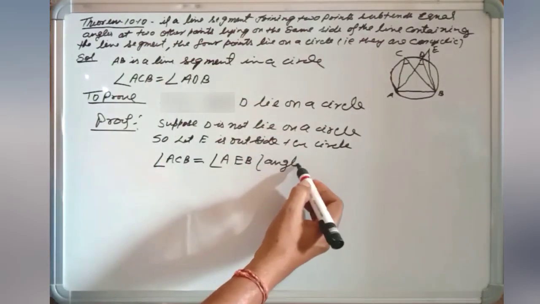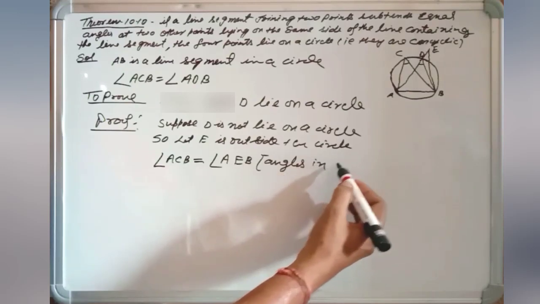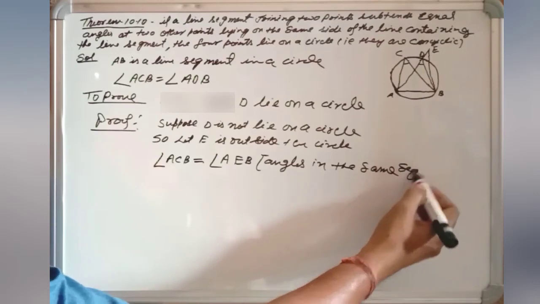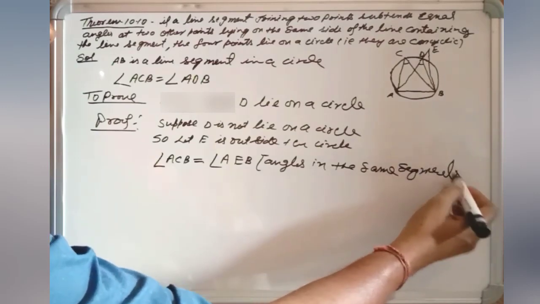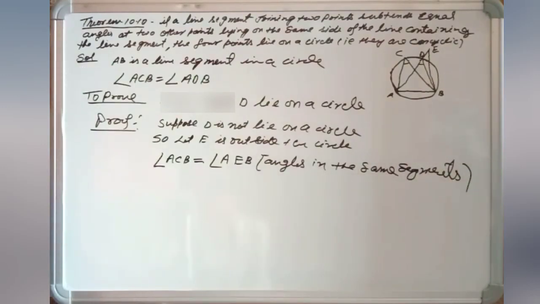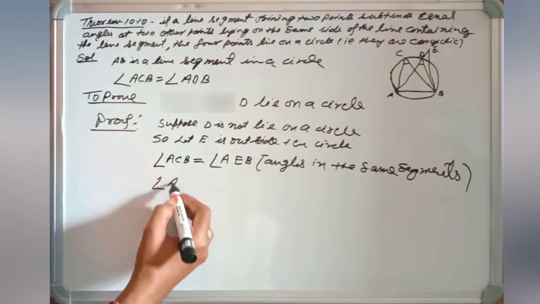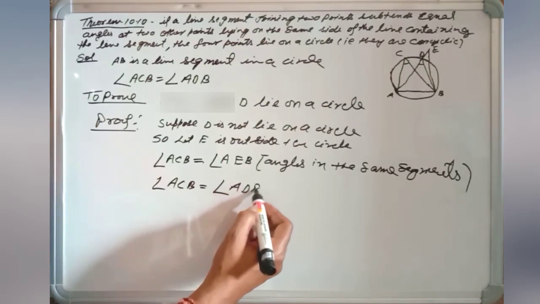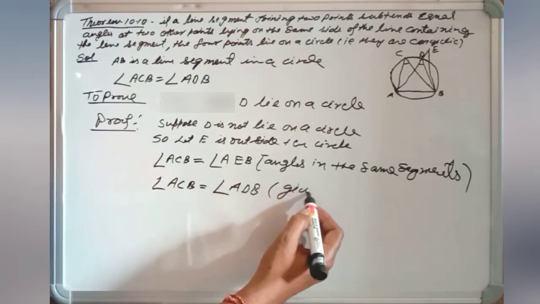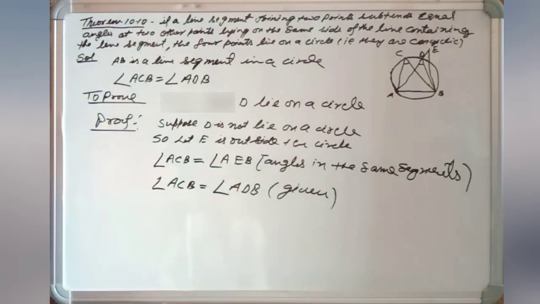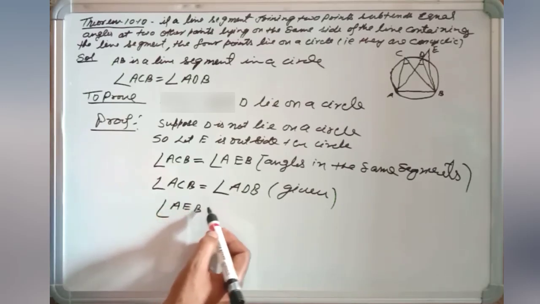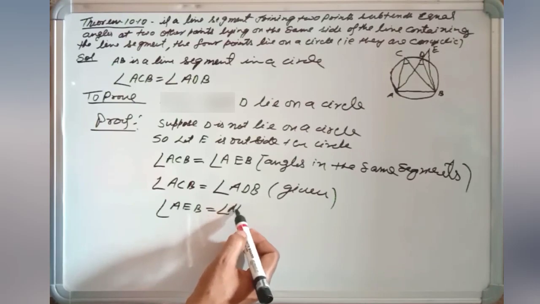Angles in the same segment are equal, and students, angle ACB is equal to angle ADB, it is given. Okay, so from both the equations we will find angle AEB equal to angle ADB.